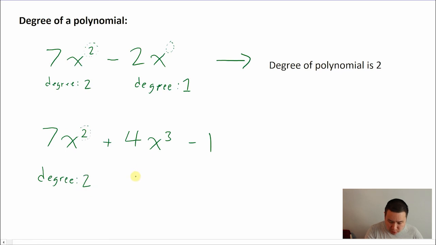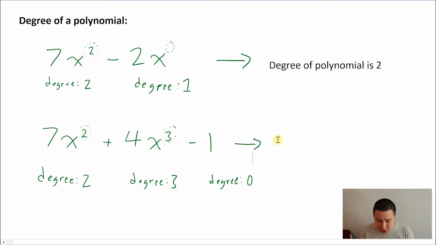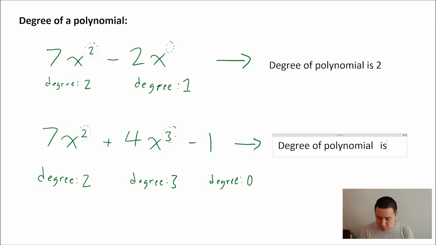Let's take a look at the second term, and the degree of this one is 3. And then this one here is a constant. There is no variable, so the degree is 0. So of these three terms, the highest degree is 3. Therefore, the degree of the polynomial is 3. And there you go.